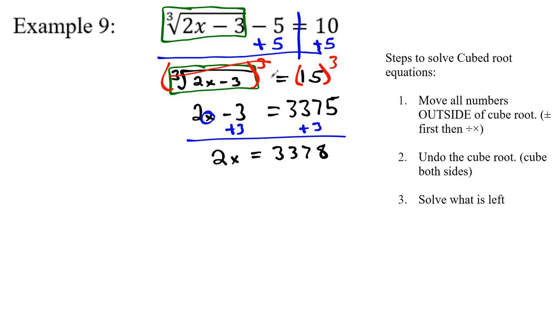It's not that hard to do. It's an even number, so when I divide by 2 to get the x all by itself, it'll come out nice and neat and give me a pretty decent value here. So let's do that. We added 3 to make that, and then divided by 2 to make that 1,689.